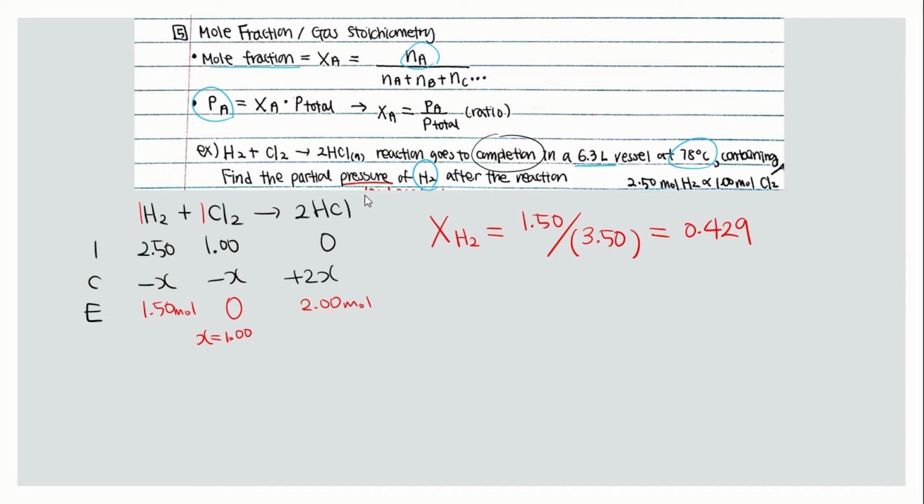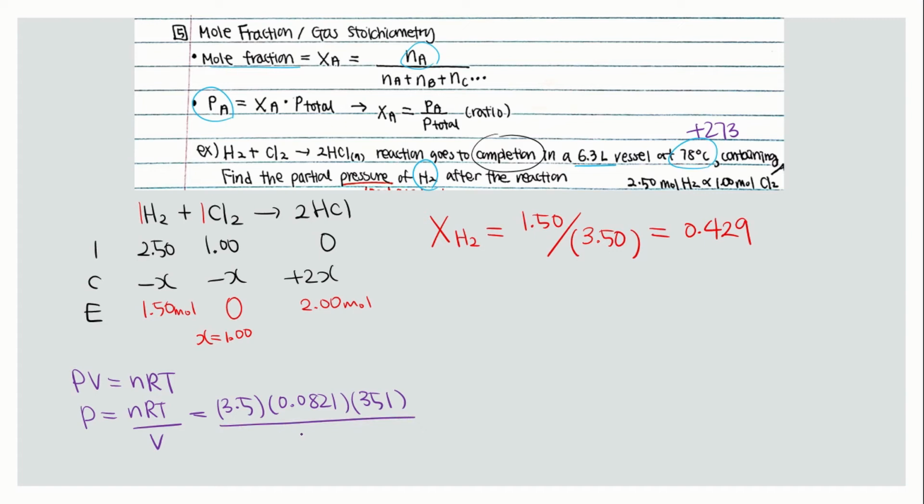And then because you are looking for the partial pressure of H2 after a reaction, you have to find the total pressure first by using the ideal gas law. PV equals nRT. You're looking for pressure, which equals nRT over V. And the moles, you're using the total amount, so 3.5 times temperature, which was 78 plus 273, which is 351, over 6.3 liters.